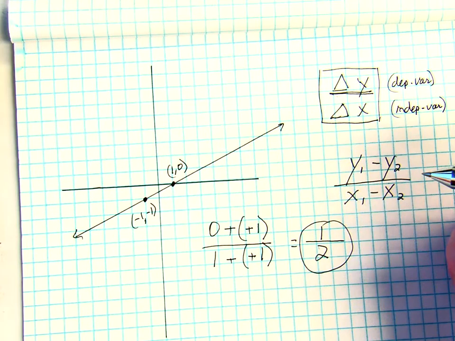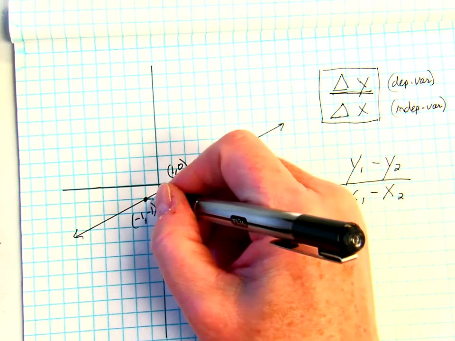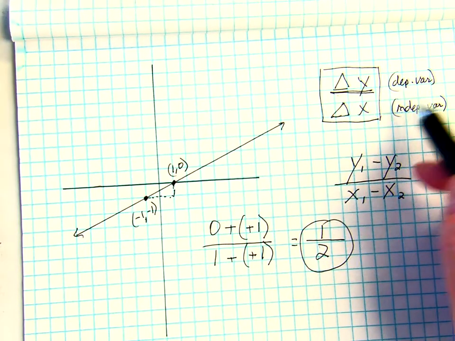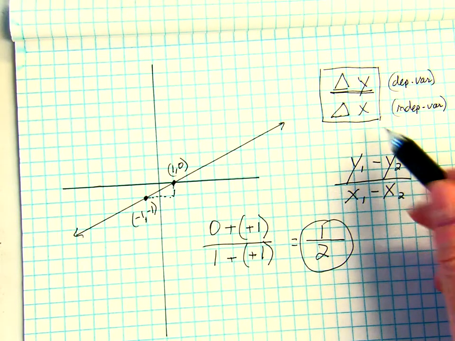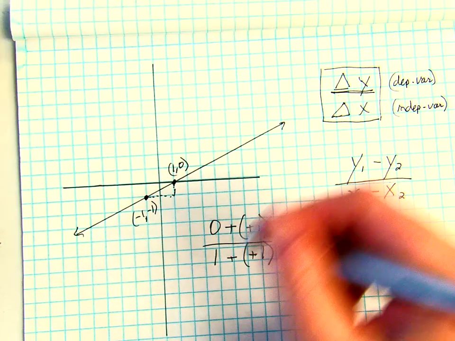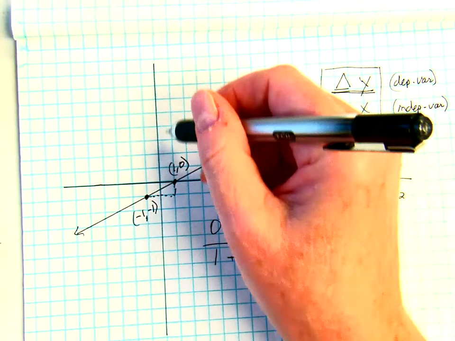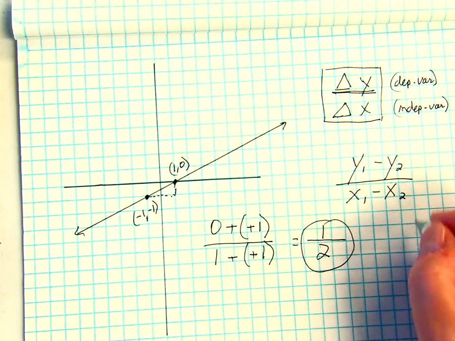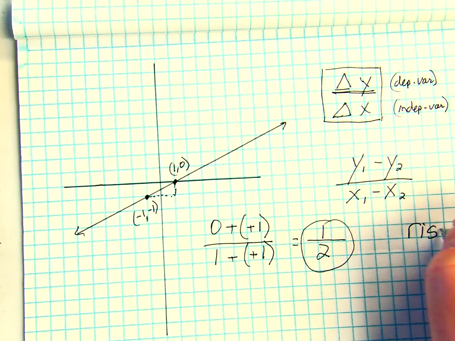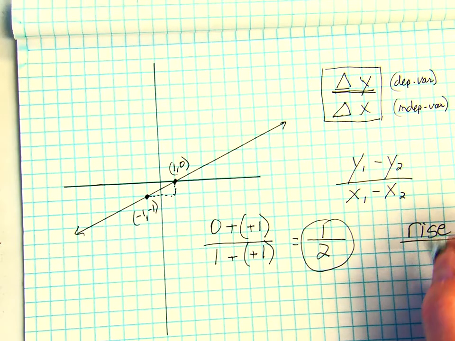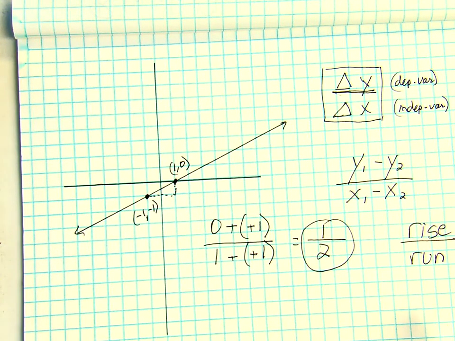So another way to look at this is to say that my change in y over my change in x could actually be looking at, if I'm changing y, I'm looking at my rise, and if I'm changing x, I'm looking at my run. So we can also say this is rise over run.